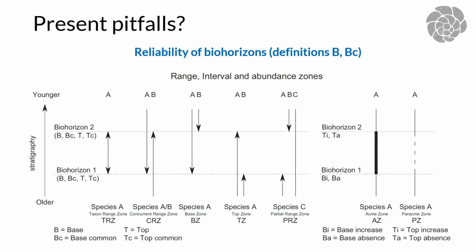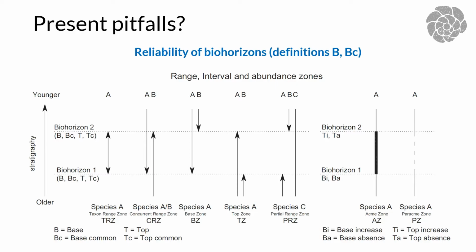The second category, the reliability of biohorizon. So this is, again, a slide. I just skip a little bit what I was trying to say. But anyway, this is a slide just to show you how the biozones are described.